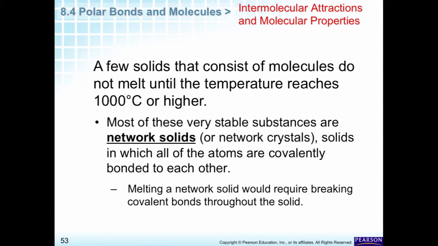What happens is the individual molecules are all covalently bonded together. So we're not talking so much about intermolecular forces. We're talking about a covalent molecule that is actually very similar to an ionic matrix.